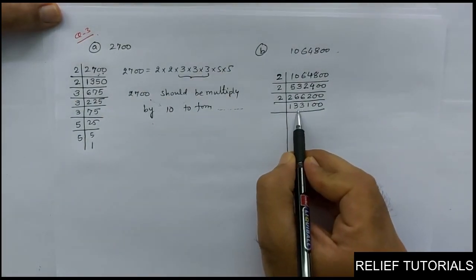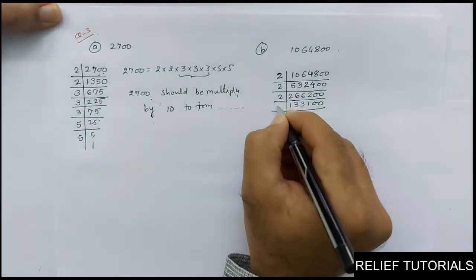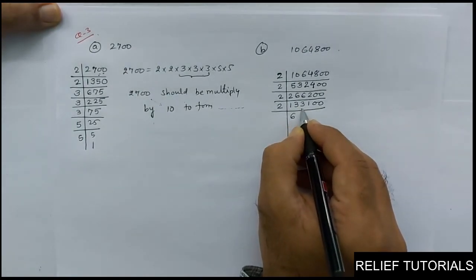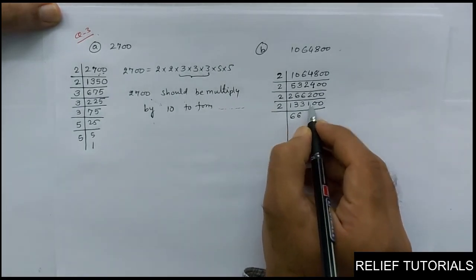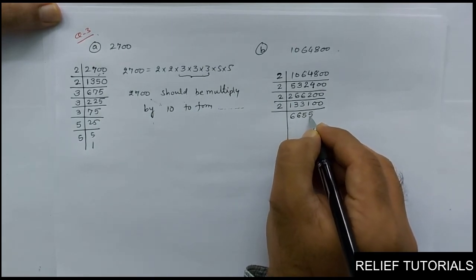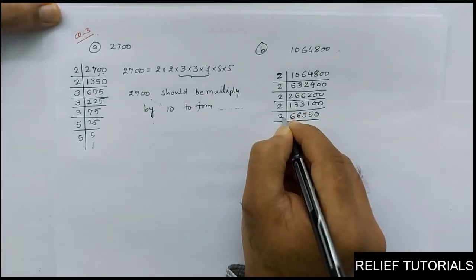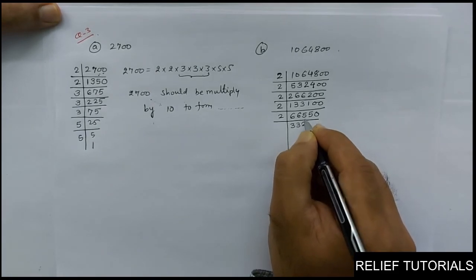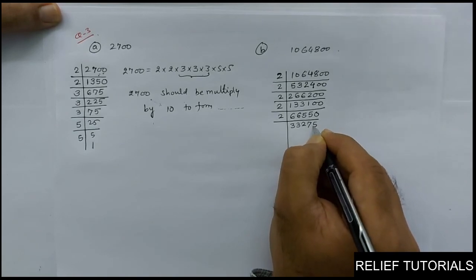This will not be divisible by 2. Still it is divisible by 2. So 2 sixes are 12, 1 three again 13. So 2 sixes are 12, 2 fives are 10, 1 left, 1 0 means 2 fives are 10 and still 1 0. 2 twos are 4, 2 sevens are 14, 1 0 means 2 fives are 10.